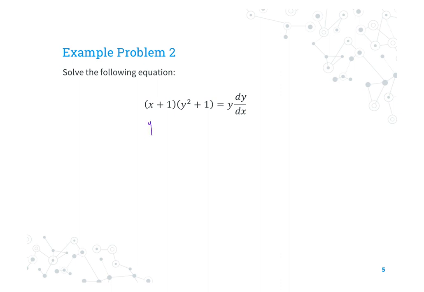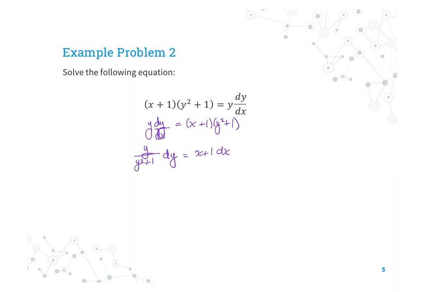So dy/dx equals x plus 1 times y squared plus 1... and now let's put all the y's on the left and all the x's on the right. So we end up with y over y squared plus 1 dy on the left, and it equals x plus 1 dx on the right.